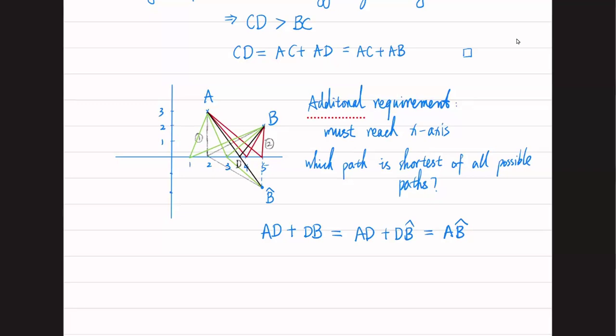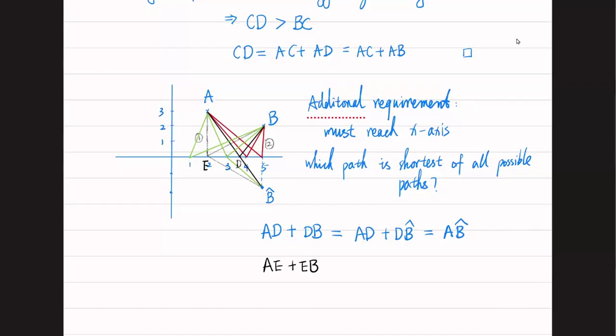Okay, now let's check if we pick a different point. For easy comparison, I'm going to pick the first path. If we first go from A to E, then E to B, the total length will be AE plus EB.